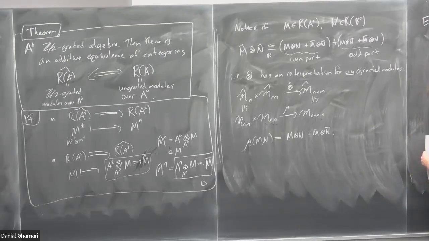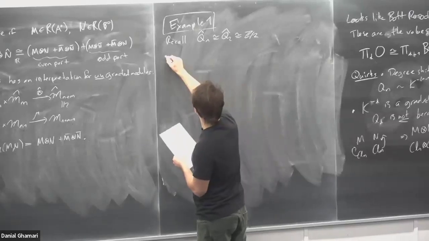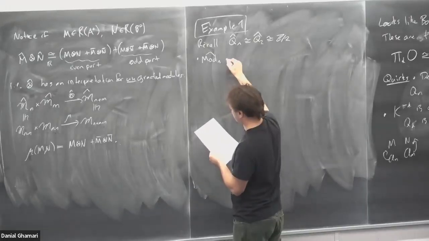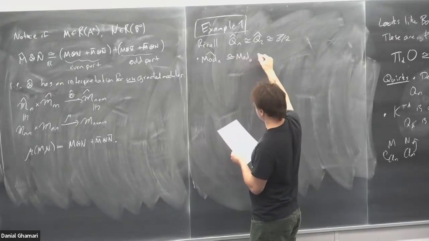Example 1. So recall we had Cl1 happened to be isomorphic to Cl2 hat; we're both given by U1. So let's think about mod 1 ungraded 0.